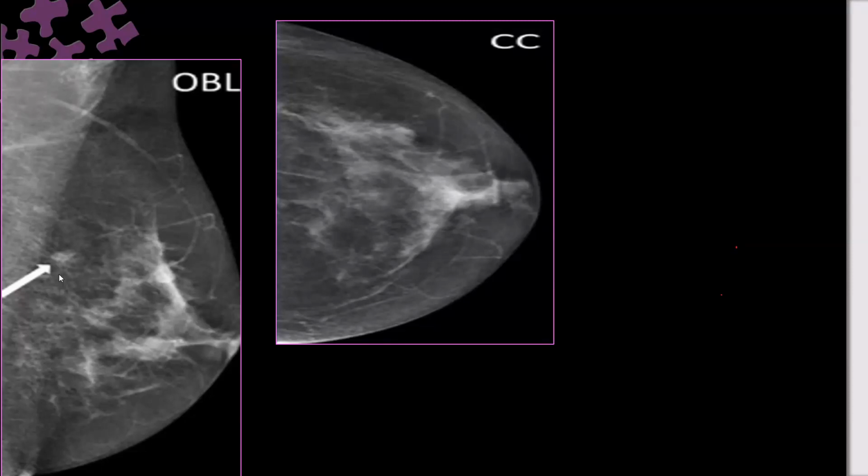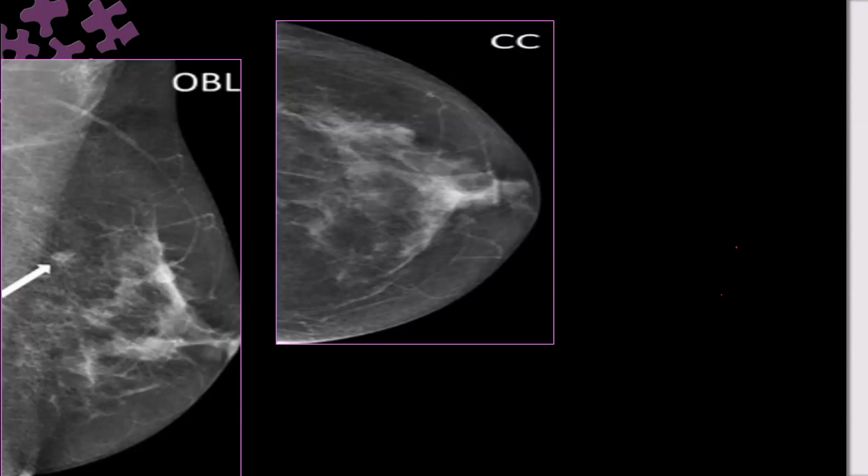Because the lesion is so posterior in the upper breast, a posterior upper lesion on MLO is usually expected to be in the lateral breast. That is why I'll go for the extended lateral view.